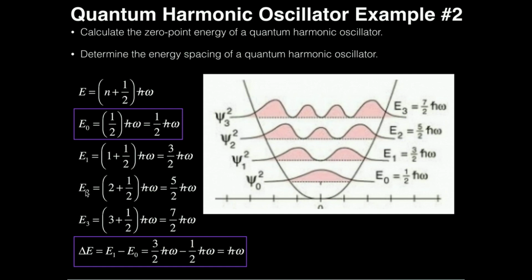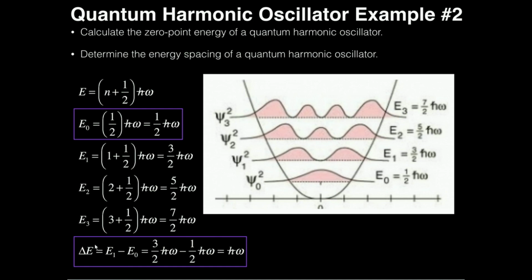So we plug a 2 in anywhere we see an n, so 2 plus 1/2 times h bar omega, and we get 5/2 h bar omega. What you can see here is that every time you increase the energy level, the numerator goes up by 2. So it goes from 1/2 to 3/2 to 5/2 to 7/2. If we kept going, it would go to 9/2, 11/2, 13/2, and so on and so forth.